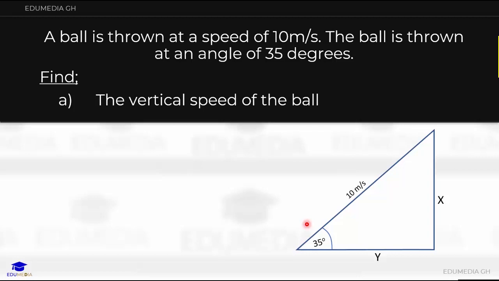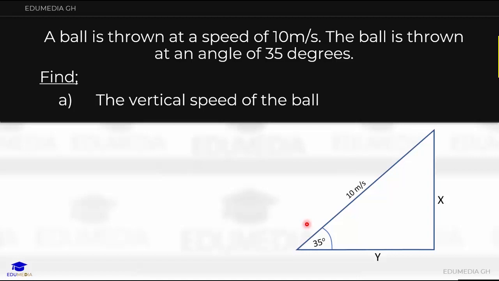And to solve a figure similar to this, we can use the Pythagorean theorem, or we can use the trigonometric functions. The perfect way to go with this question is to use the trigonometric function. So we can use the sine function here to solve this, because we have an angle and also we have a hypotenuse. So all that we need to look for is to get the opposite.